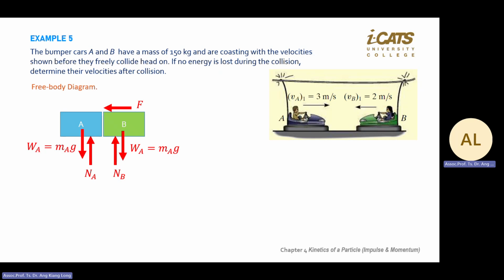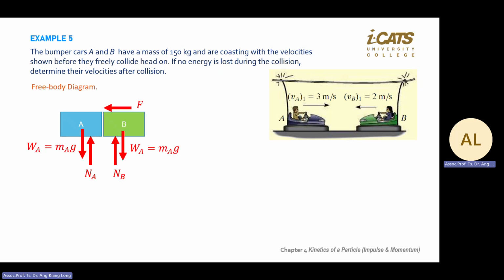Sorry, it should be WB, not WA. On the green color one below there is WB. Both have mass, yes, but you can label WB. It should be WB, not WA. Okay, so you should be able to identify.